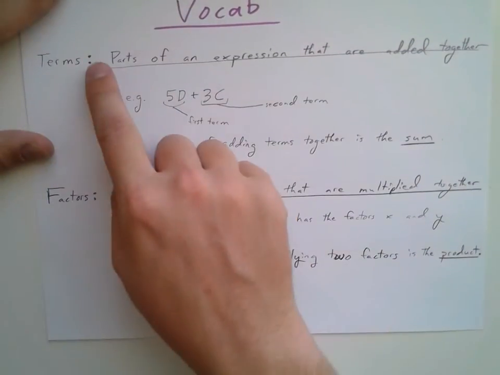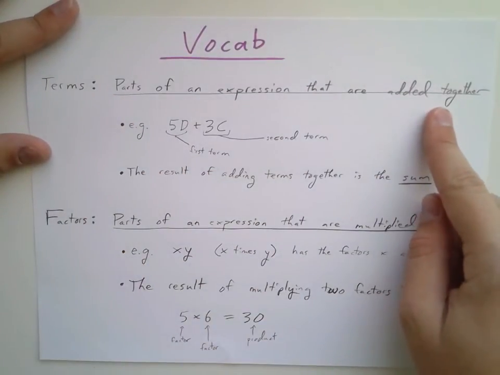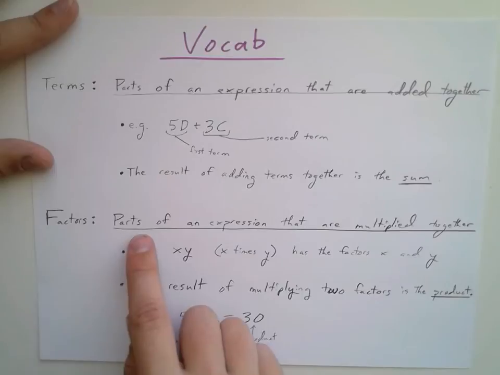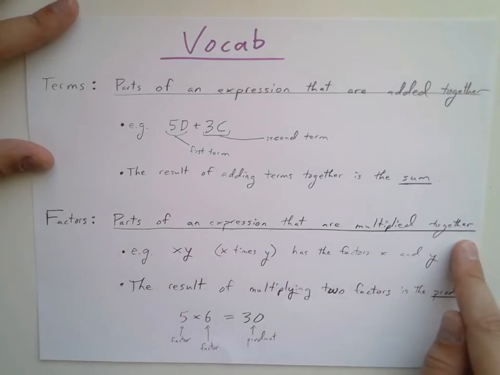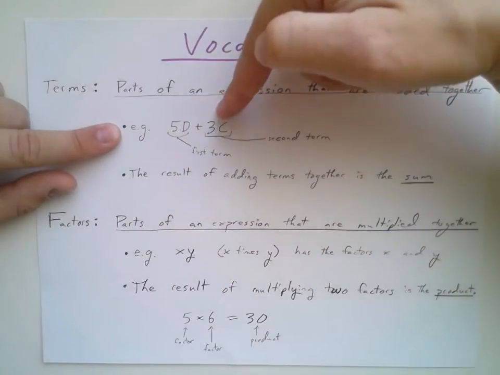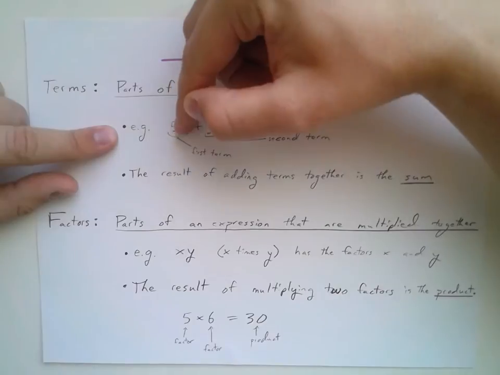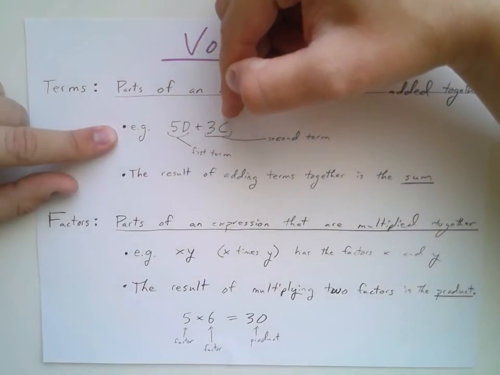Okay, vocabulary. Terms are parts of an expression that are added together. Factors are parts of an expression that are multiplied together. Okay, example of terms, 5d plus 3c. The two parts that are being added together are the terms. So the 5d is the first term, the 3c is the second term.